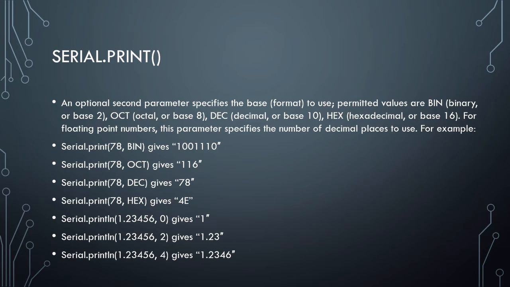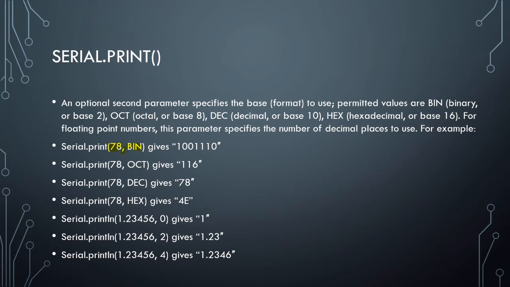And so what we see here in our first couple examples is that we're asking it to serial print 78 as usual, but then if you add a comma and one of these abbreviated base systems, BIN stands for binary, that's going to print out the number 78 in binary form.